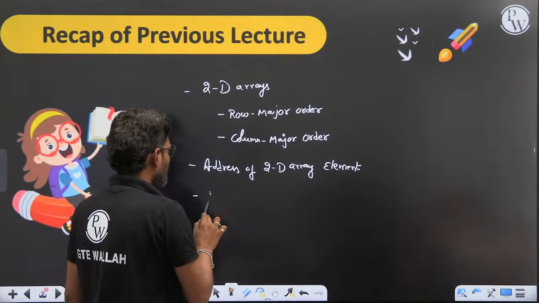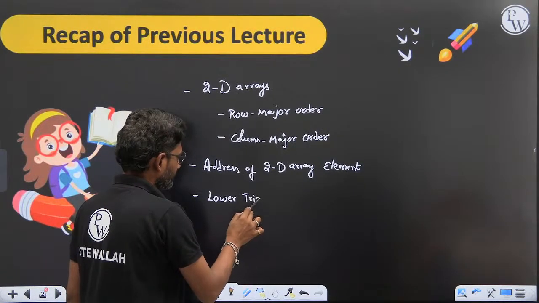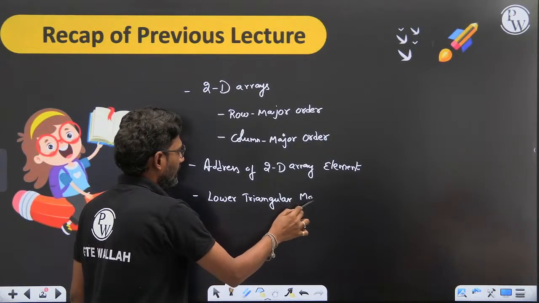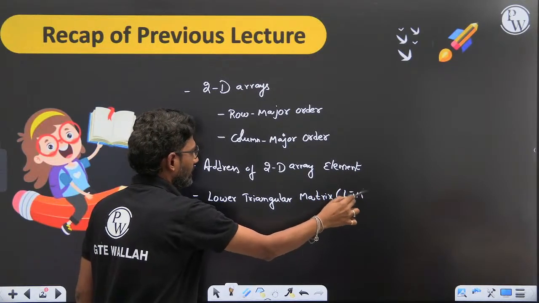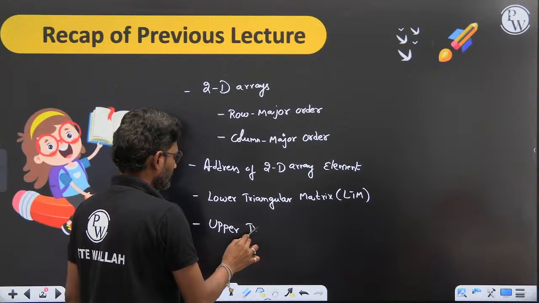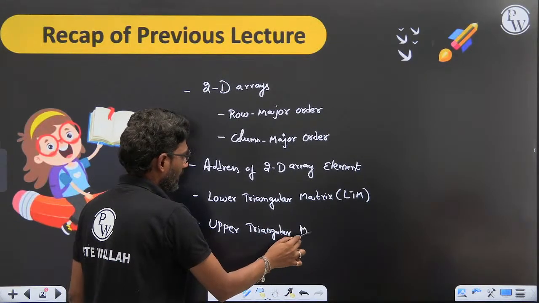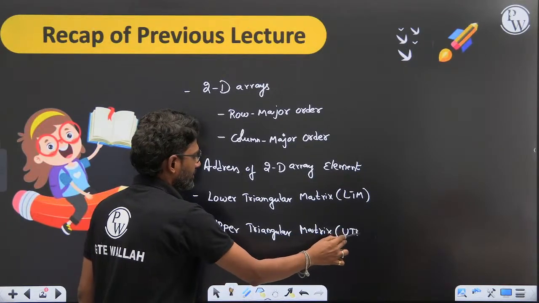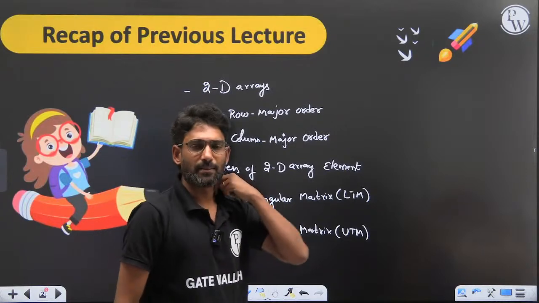And then we have discussed lower triangular matrix, LTM, and upper triangular matrix, UTM. So which is a lower triangular matrix?